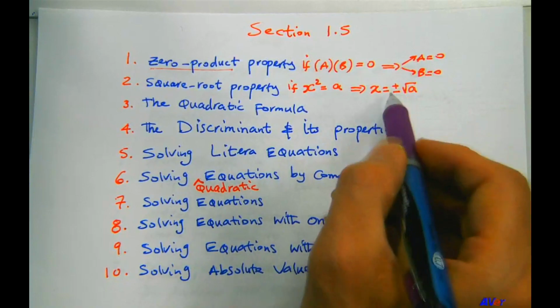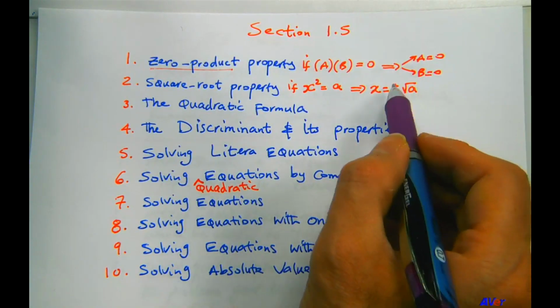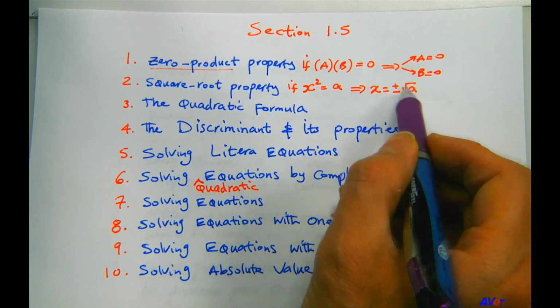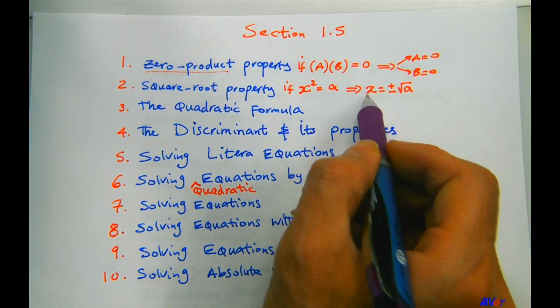So you don't just get positive square root of a, it's plus or minus. Both answers squared lead to x squared.